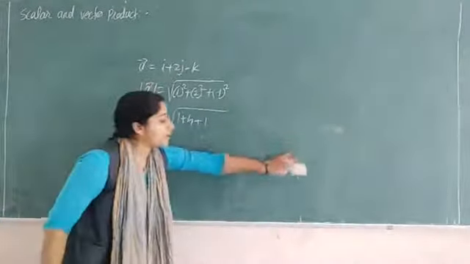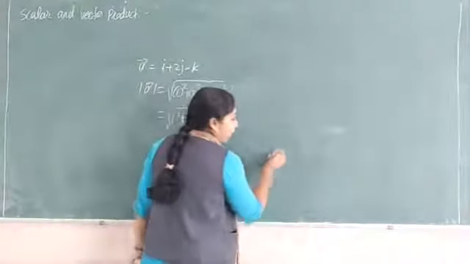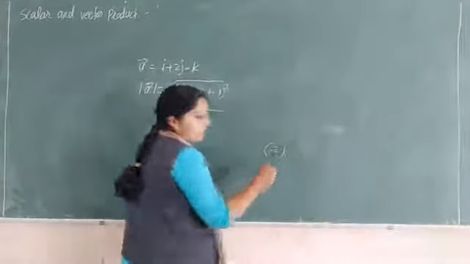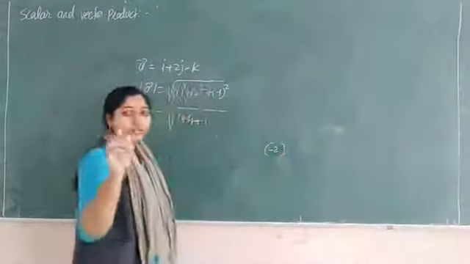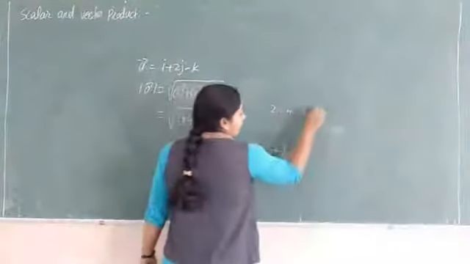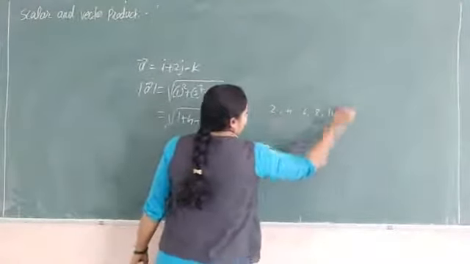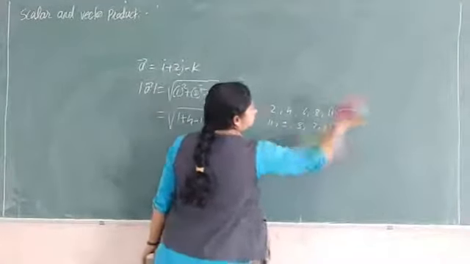Or remember it this way. You know what even numbers and odd numbers are. Even numbers are 2, 4, 6, 8, 10 and so on. Odd numbers are 1, 3, 5, 7, 11 and so on.